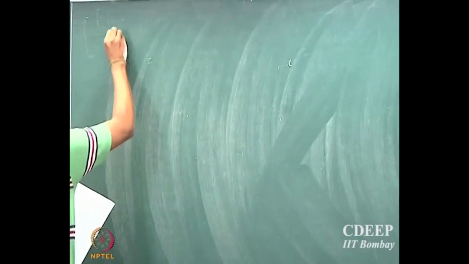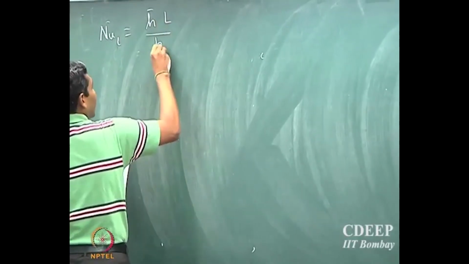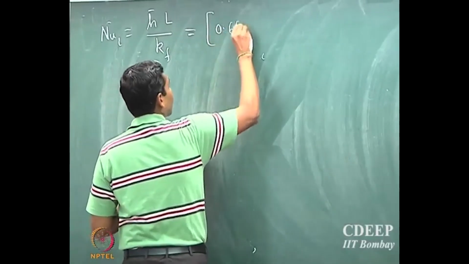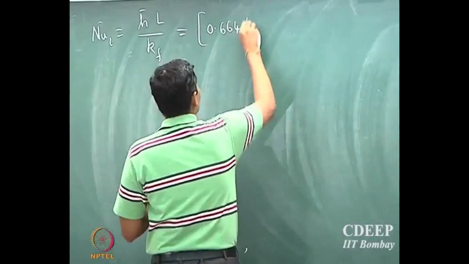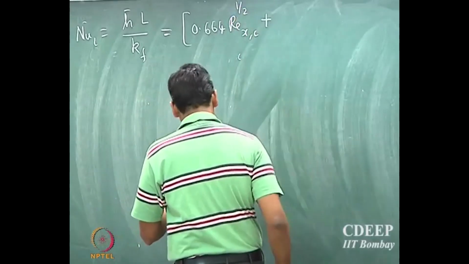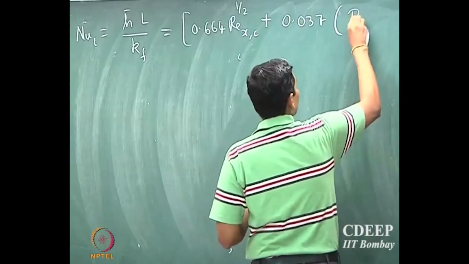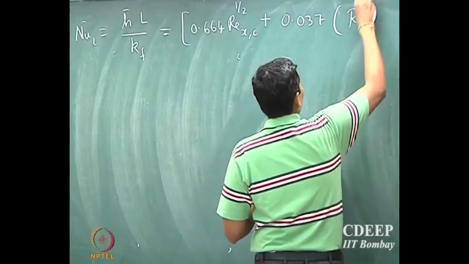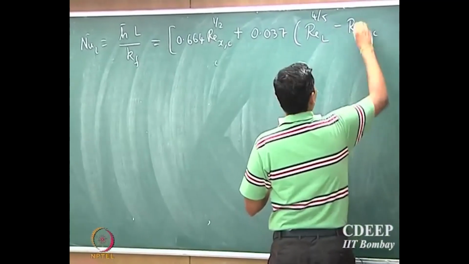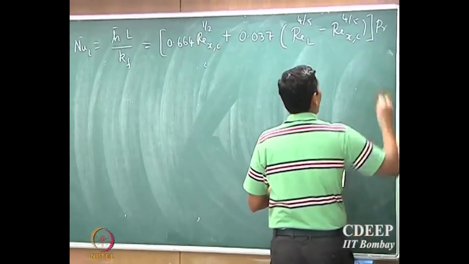So the average Nusselt number, which is defined as H into L by Kf, that's given by 0.664 into the critical Reynolds number to the power of 1 by 2 plus 0.037 into Reynolds number to the power of 4 by 5 minus the critical Reynolds number to the power of 4 by 5, multiplied by Prandtl number to the power of 1 by 3.